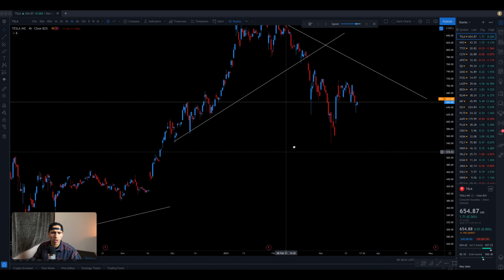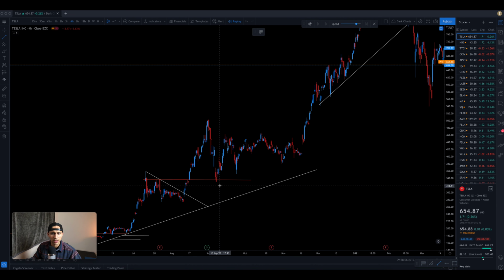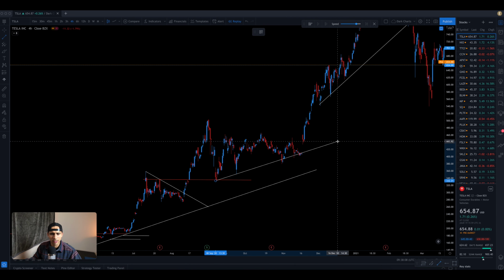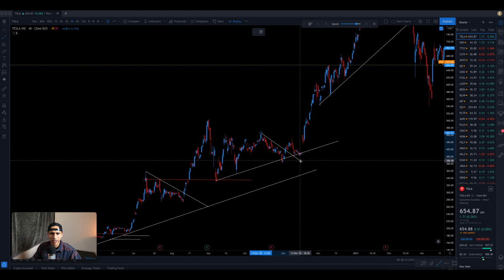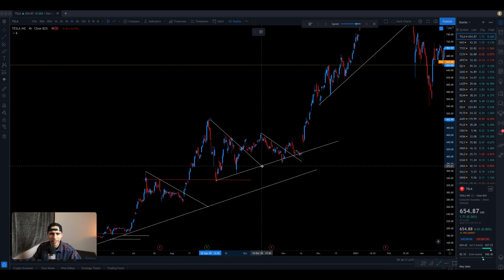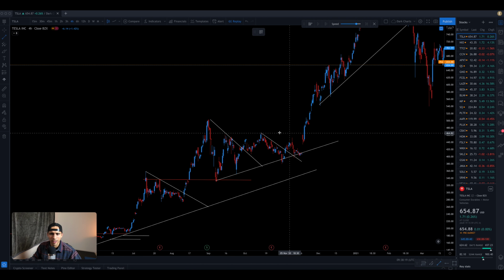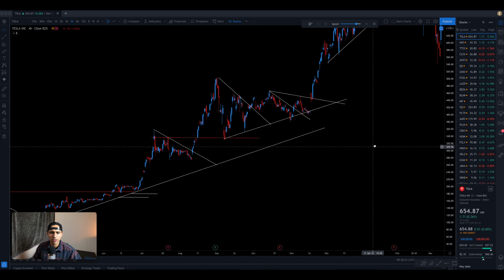Because what you don't want are very messy charts where it looks like this, and then you have another one right in here, and another one right in here, and then it just gets too sloppy.